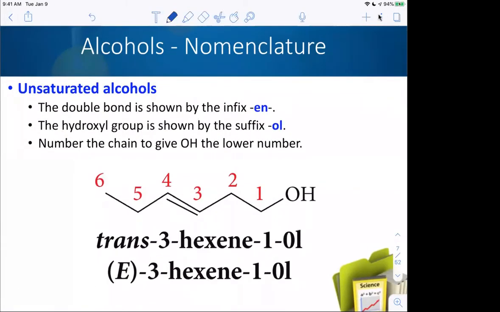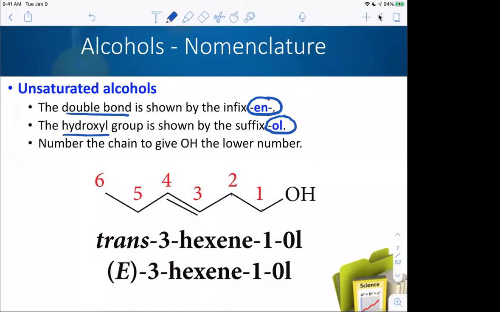If I have an unsaturation in my molecule, I am going to refer to that double bond by my infix, which is ENE, which tells me that I have a double bond present, but I also have the hydroxyl group, which is now going to be that final suffix, which is the OL. So I'm going to number this.